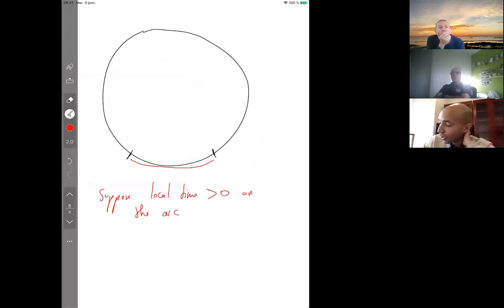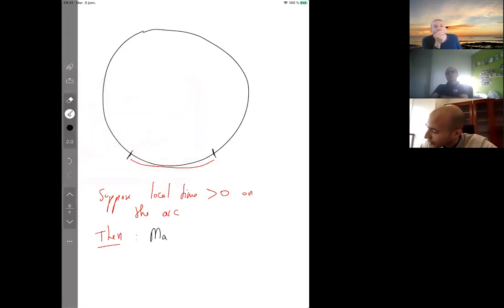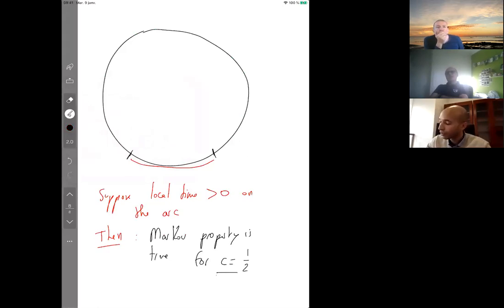So you have your Brownian loop soup on the circle, and you suppose that the local time is positive on the arc. Then it's true that you have a Markov property. And that's only valid for the critical intensity, which is 1/2 actually.